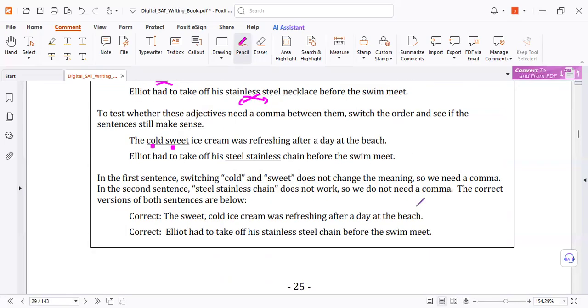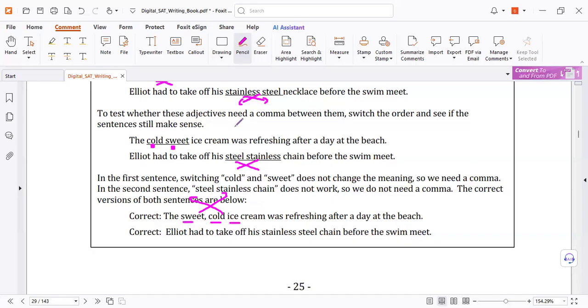For example, a sweet cold ice cream. If you switch and you find the same meaning, you can use a comma or "and." Here I cannot, but here I can. Can I say sweet ice cream? Yes. Can I say cold ice cream? Yes.